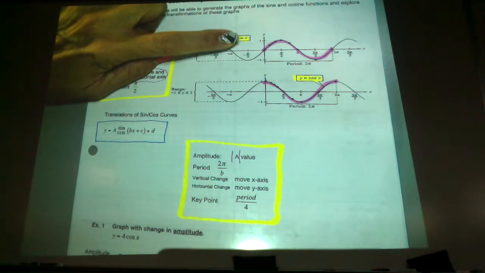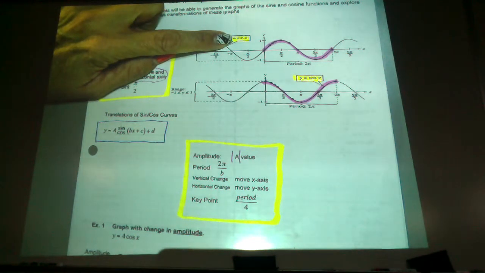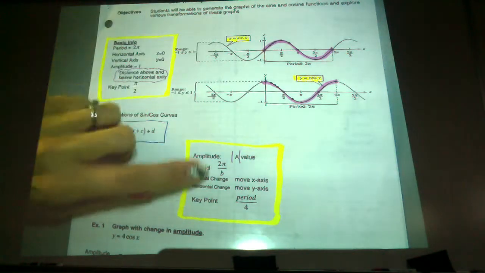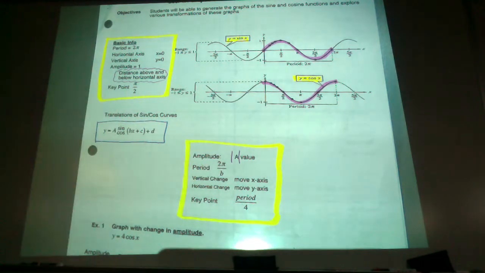What we learn that negatives do to our graphs is they flip it, which means it's a reflection. So the negative on A is not the amplitude, it's the reflection. So that's why when I ask you for amplitude, 100% of the time you're going to give me a positive answer. The negative will reflect, and we'll look at later whether that reflects over x or y, but honestly you should know that right now.